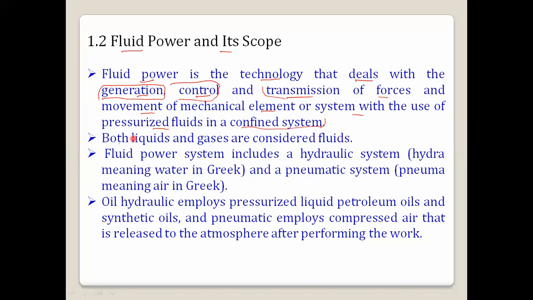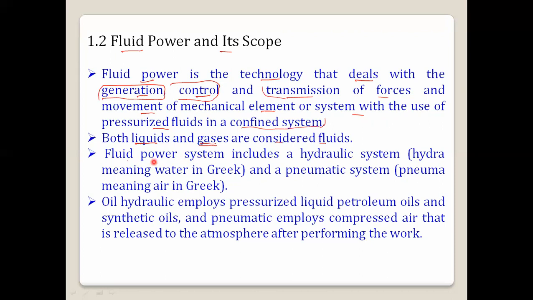Here in fluid power we will be using both liquids and gases, which are considered as fluids. Liquids means the hydraulic system, and gases means mainly air, and in some cases we may use nitrogen. If we are using gases, that will become the pneumatic system.